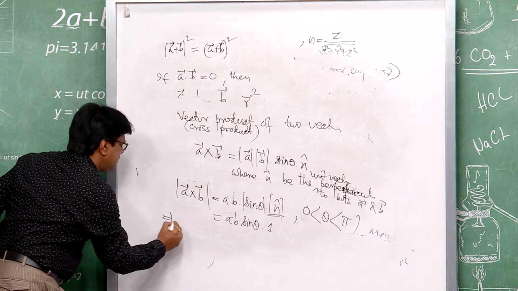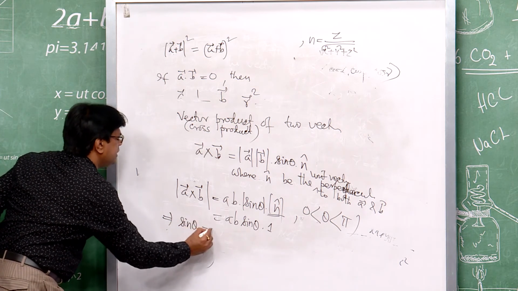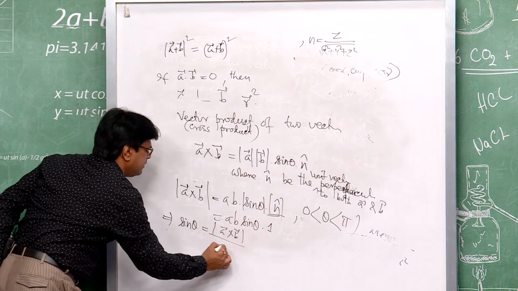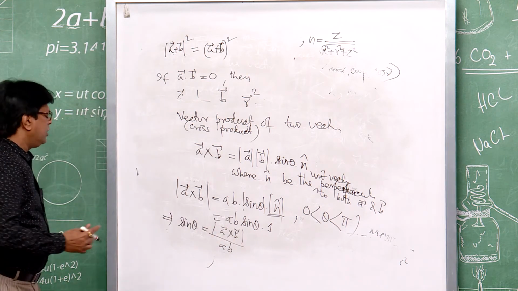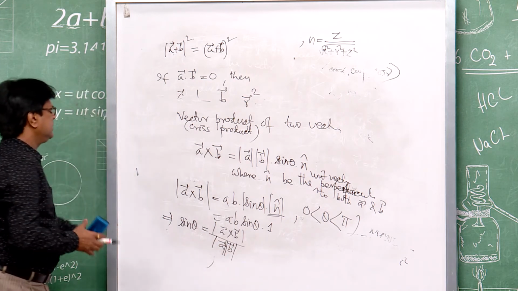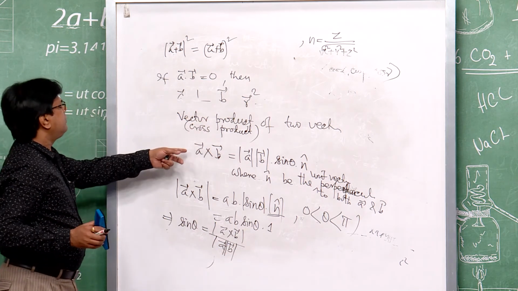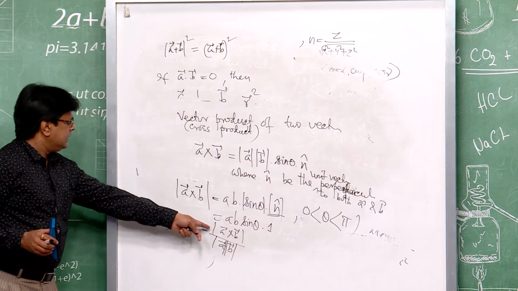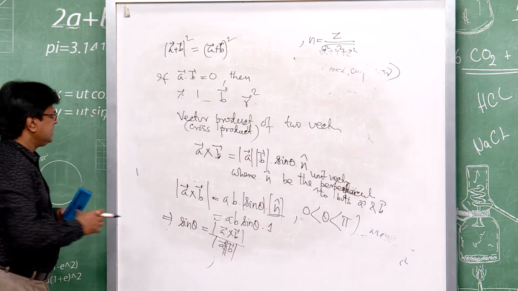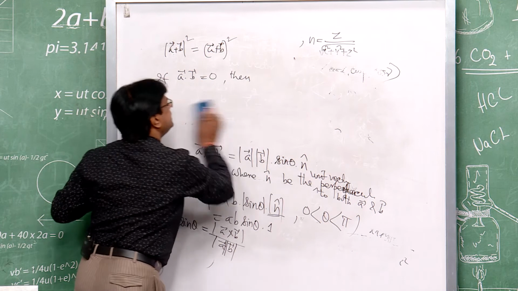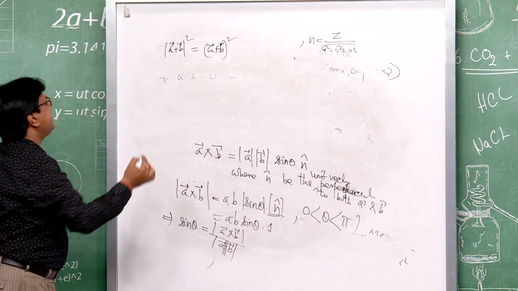So, sin theta is equal to the magnitude of A cross B by A B, where A and B are magnitudes. So, from the cross product, we can easily find out the angle between them.